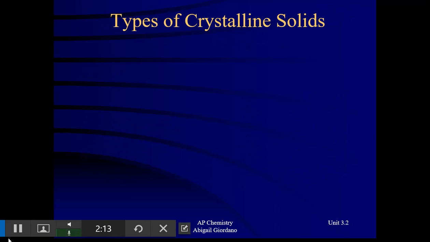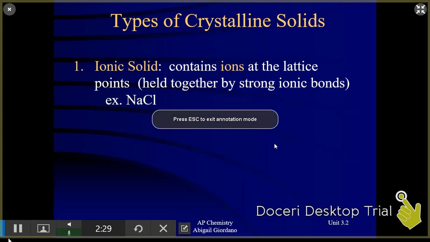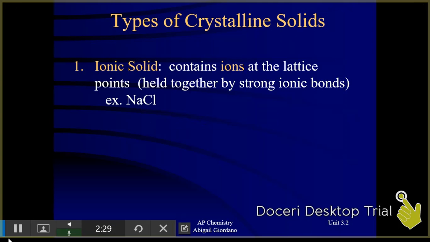Now, within crystalline solids, there are four types that we're going to look at. Here's the first one. Simple ionic solid. Any kind of ionic compound is an ionic solid.